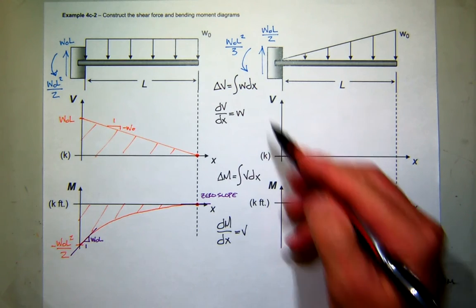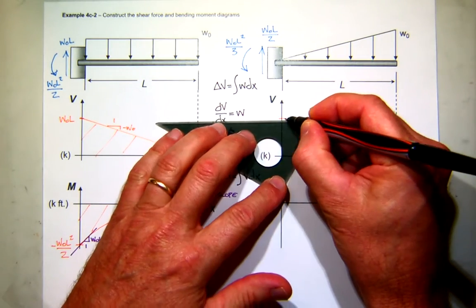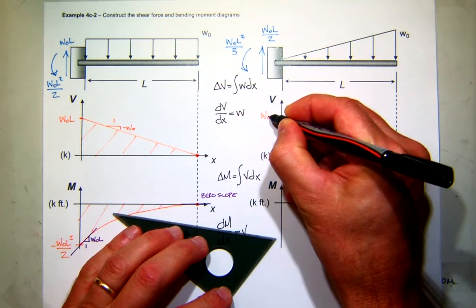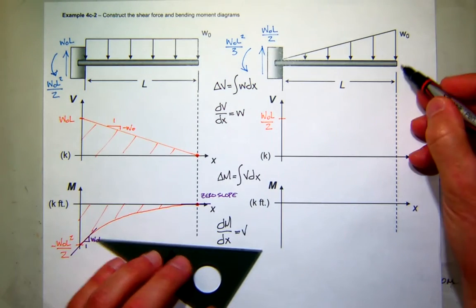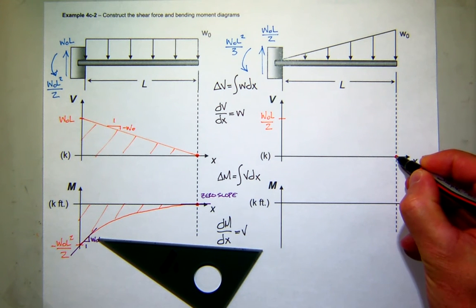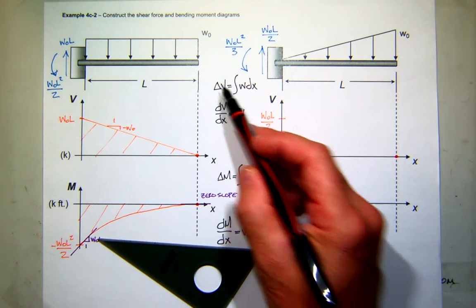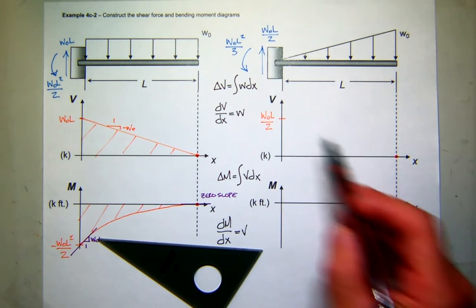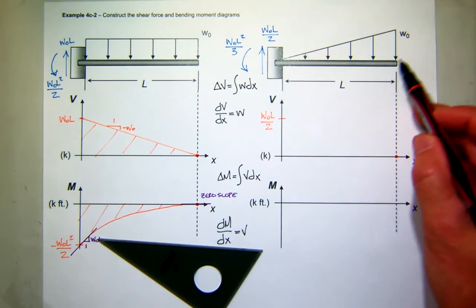So let's start our shear diagram. Our shear diagram is going to start off at a positive value of W naught L over 2. It's probably going to be what here at the free end? 0. So the change in shear from 0 to L should be the area in the load diagram from 0 to L. What's the area in the load diagram?